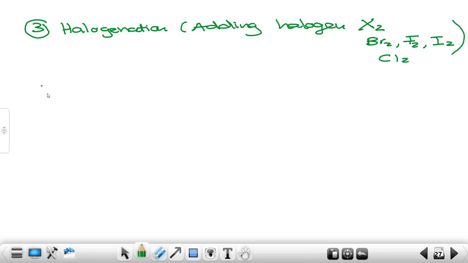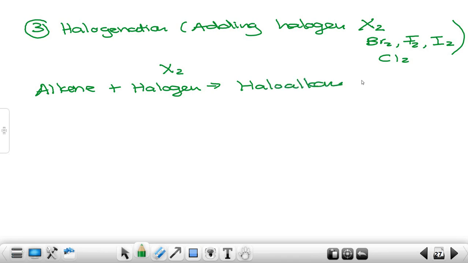So again, we have our alkene plus a halogen in the form of X2 is going to give us a haloalkane. And this haloalkane is going to contain 2 halogens because whatever you react with, everything is going to be added to the alkene.